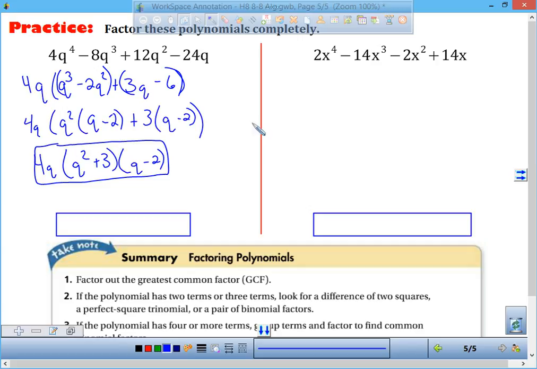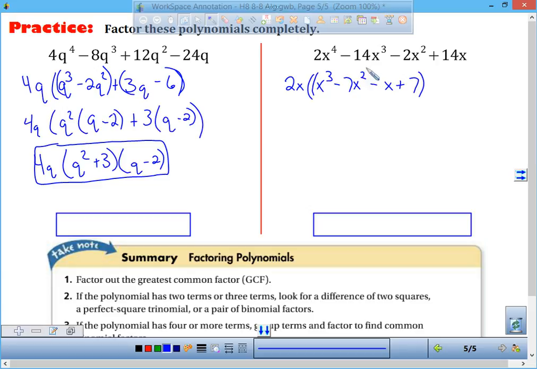Okay? The last one, I can take an x out of everything and I can take a 2 out of everything. So factor out a 2x right away at the beginning and then rewrite what I have left. I have x cubed minus 7x squared minus just x because the 2 cancels each other out, and then plus 7.